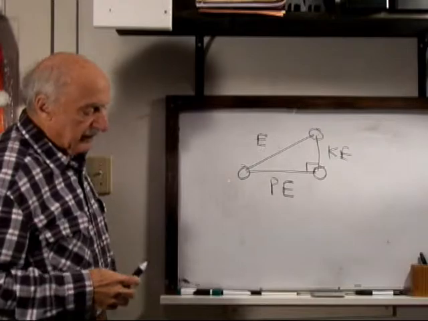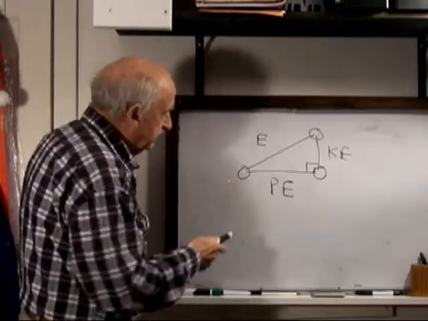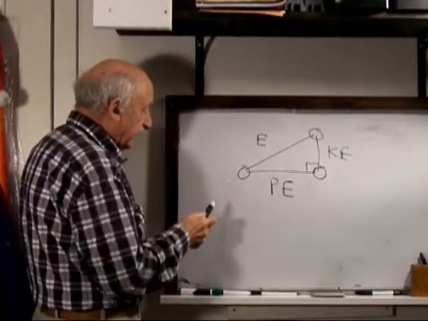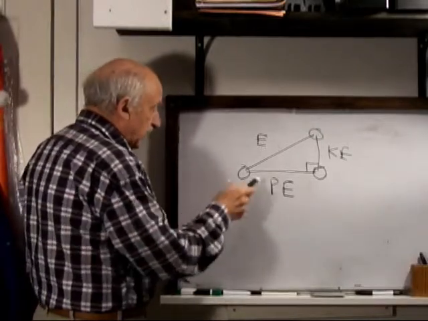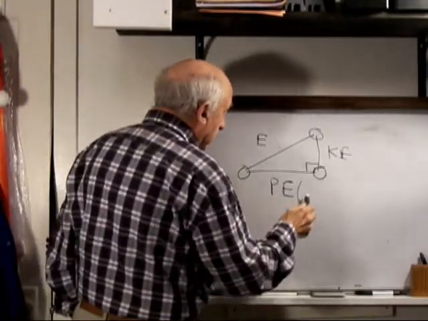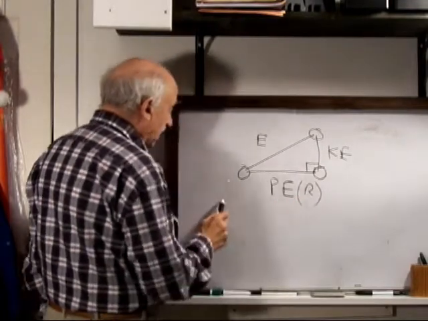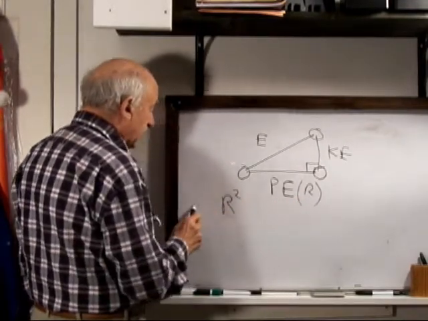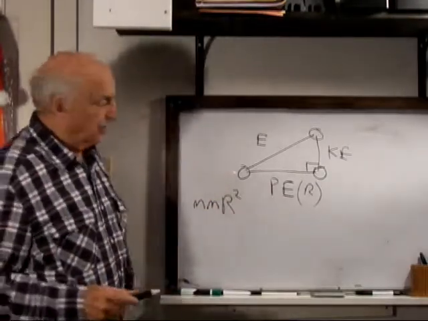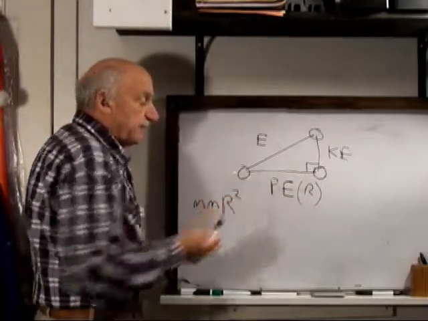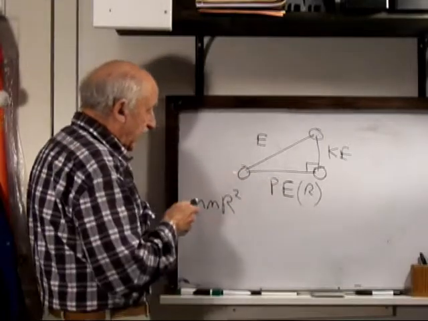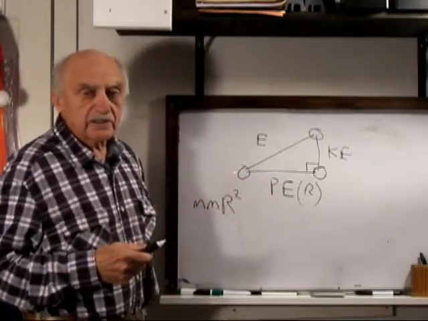Now, this is what's called a mathematical model, and we can now derive an equation to show that the potential energy, which is proportional in this case to r squared, because this is r, call that r, proportional to r squared, and the proportionality can be expressed by the product of the masses of the two bodies, because that multiplies the force of gravity which exists between the mass of the bodies, and the mass of each body increases the gravity.